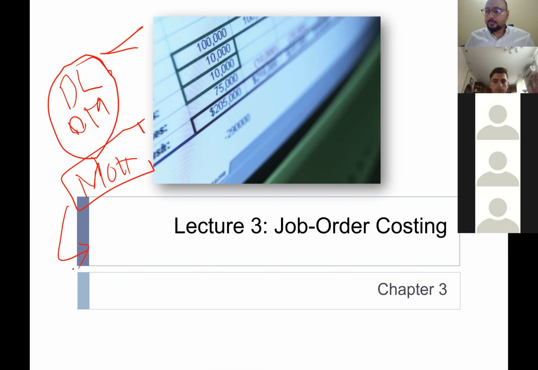Nowadays, like in our first lecture, when we saw the video, the professor was talking about many kinds of costing systems: just-in-time systems, lean production, total quality management. The business environment has totally changed. Now, what happens in the factories?